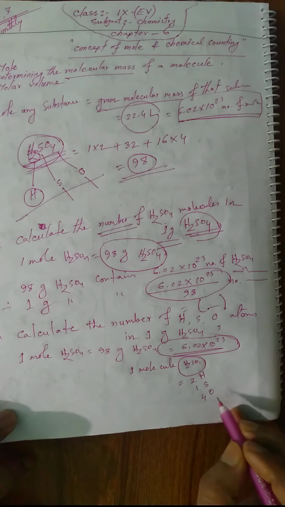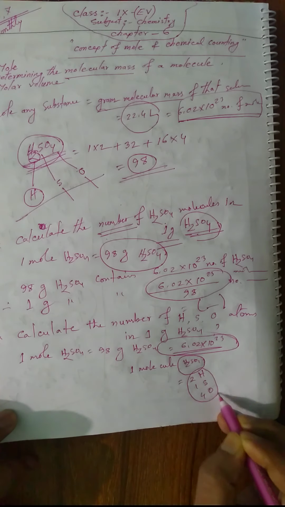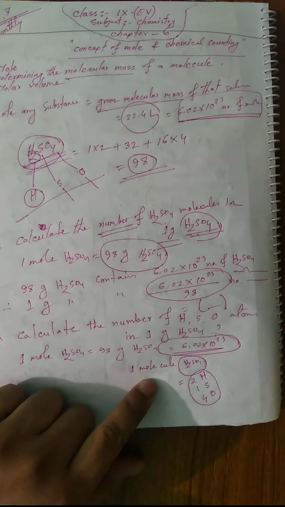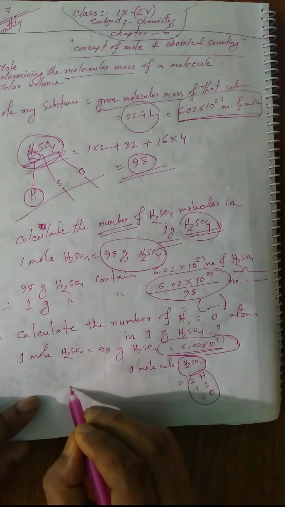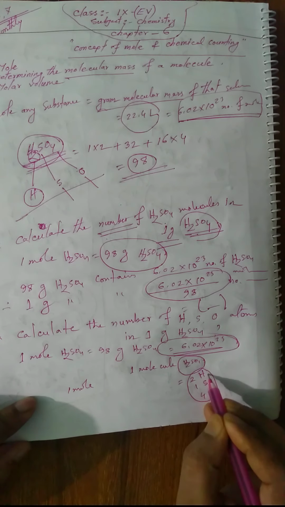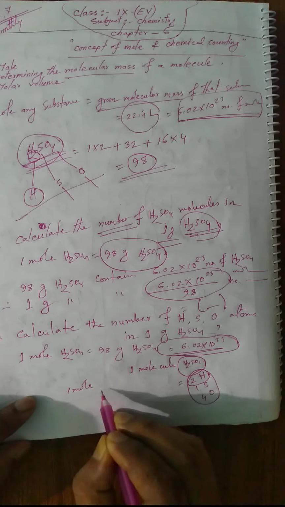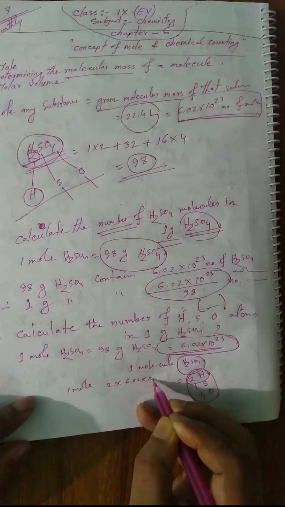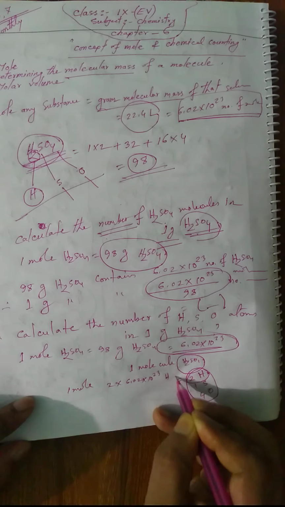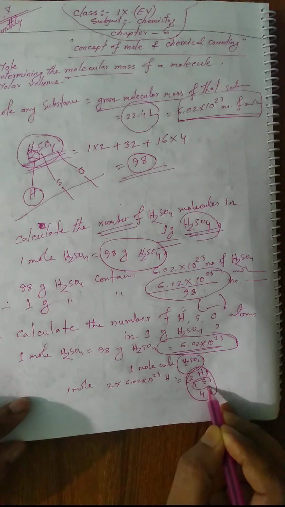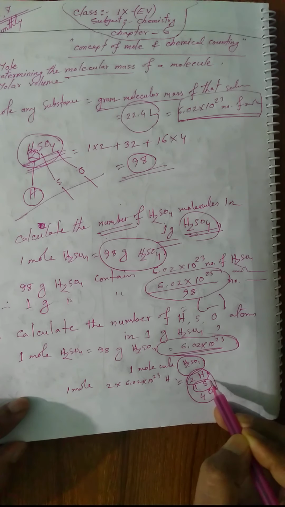This is the count for one molecule. So if we consider 1 mole, then the hydrogen atoms will be 2 into Avogadro number of hydrogen atoms.